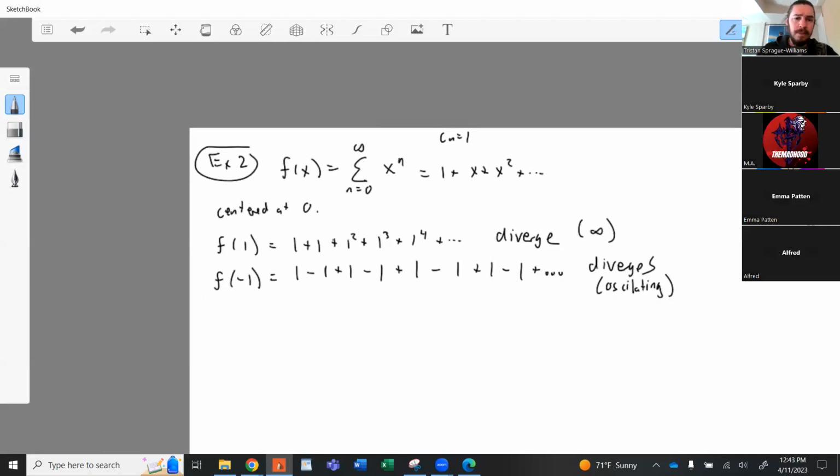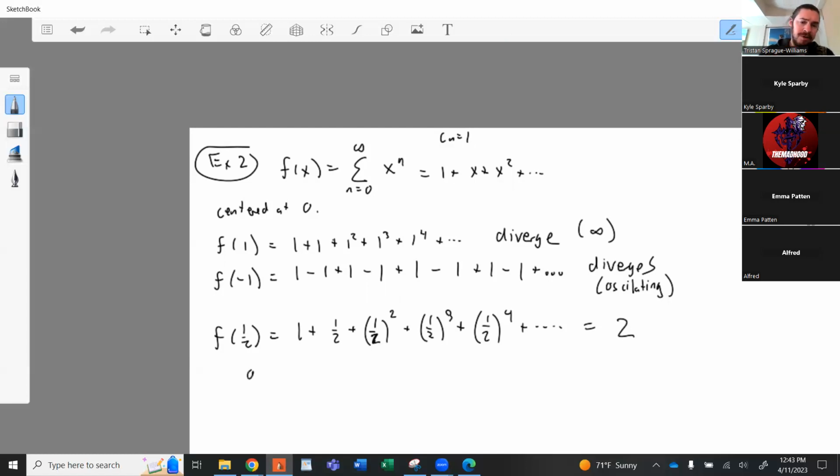What about between them? What if you did f of a half? Then you'd have 1 plus a half plus a half squared plus a half cubed plus a half to the 4th. Oh, that converges to 2. We proved that on the first day we looked at infinite series.